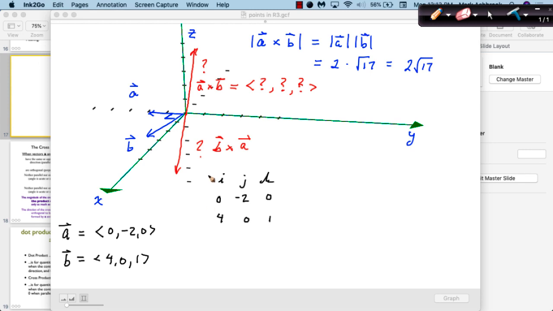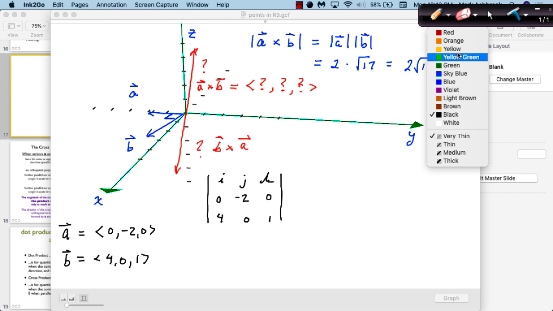You set up a matrix like that. You can find the components of the cross product by doing the same algorithm that you do to find the determinant of that matrix. If you've ever had matrices before, any way you want to find the determinant of that 3 by 3 will give you the components of the cross product. So I'm going to show you the way that I prefer.